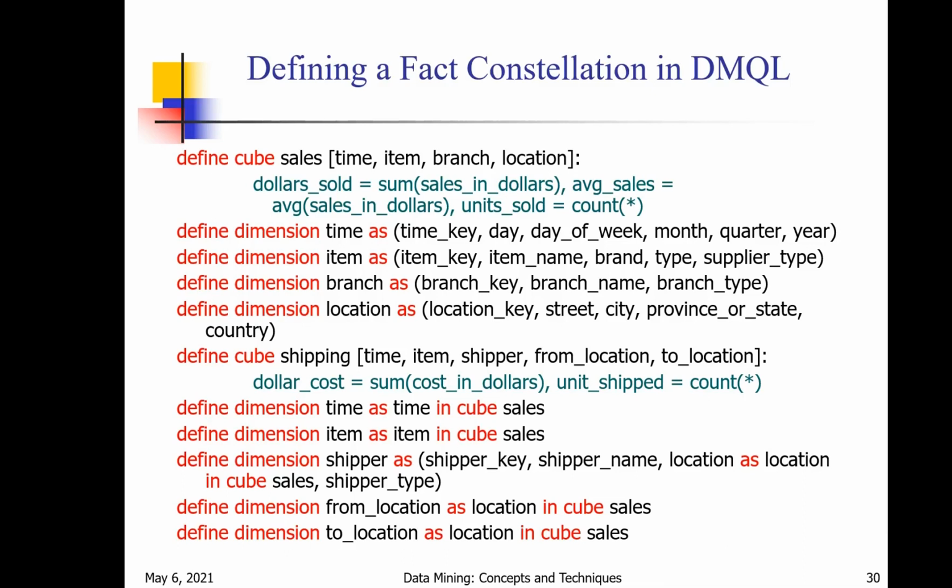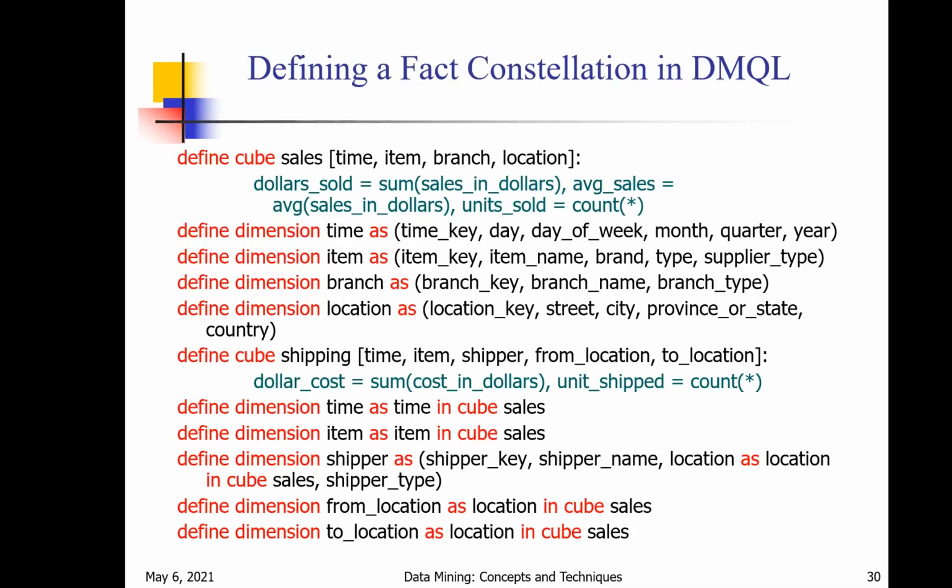So in the sales cube we defined time, item. These two tables we defined already, so we will use those. We are not having a shipper dimension in the sales fact table. That's why we again define dimension shipper as shipper key, shipper name, location as location in cube sales, shipper type.